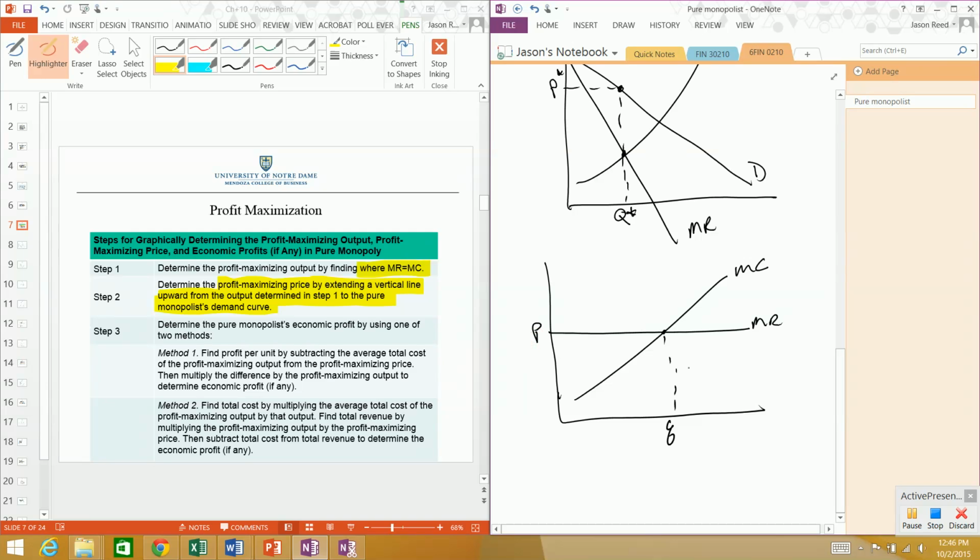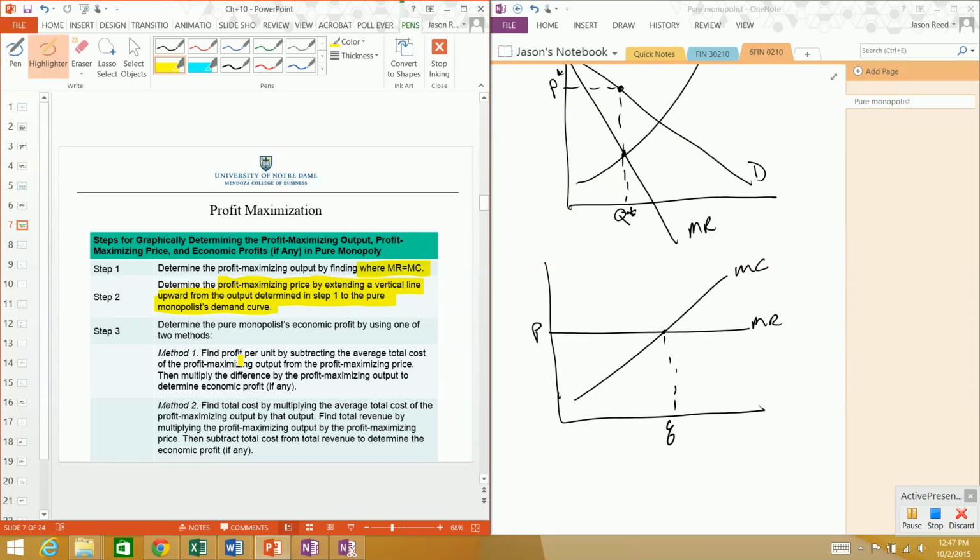So we didn't have to worry about prices at all. So as we move back towards the steps in the process, the next thing is determining the actual economic profit that we would observe. And so what we're going to do is use either of these methods.